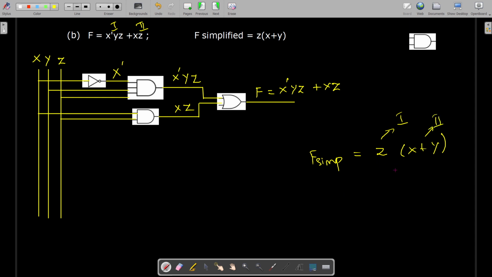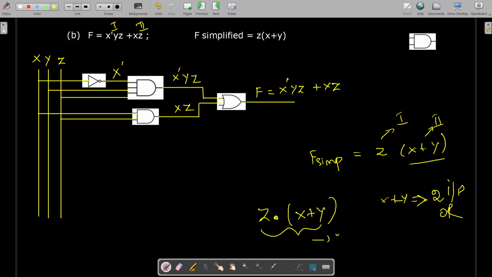So in the first term only z alone is there, but in the second term x plus y is there, isn't it? So x plus y means we need to have a 2 input OR gate. Then this z is ANDed with this x plus y. For that we need a 2 input AND gate. So totally we have two gates. This is gate number 1 and this is gate number 2. So we require two gates.